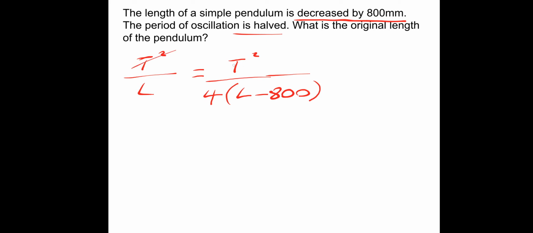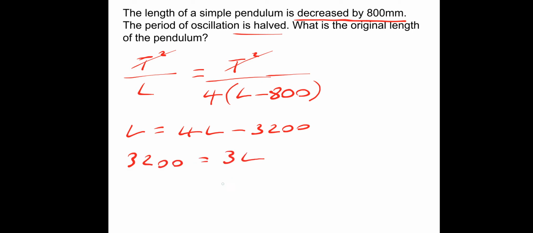You can see there that the T squareds will cancel, and I'm going to flip both sides and then multiply out the bracket and rearrange to find L. So L is equal to, I've got 4 lots of L minus 3,200. I'm going to put the L on the right hand side and the numbers on the left hand side, so that gives 3,200 equals 4L minus L, which is 3L.